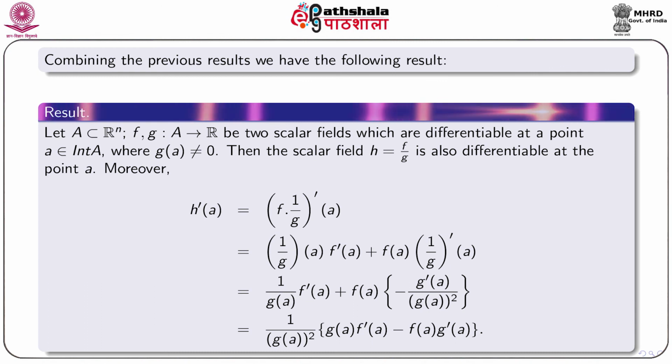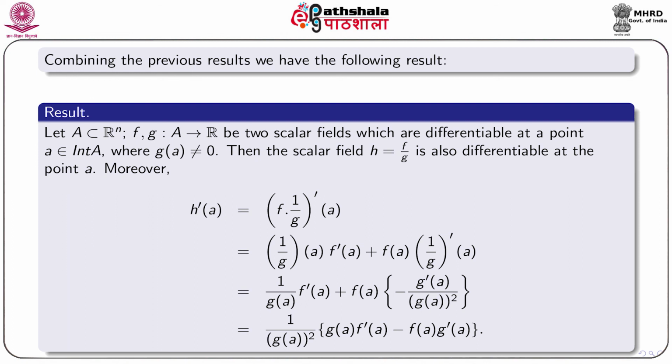Now, combining the previous results, we have the following result. By the previous results, we consider the result regarding the product and the result regarding the reciprocal. So, let us mention the result. Let A be a subset of R n.